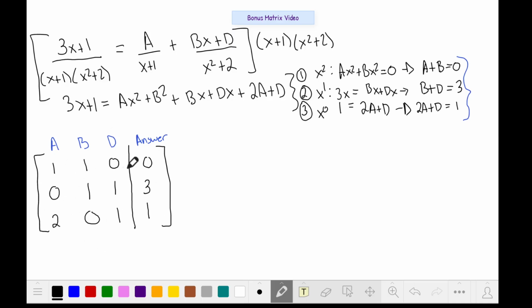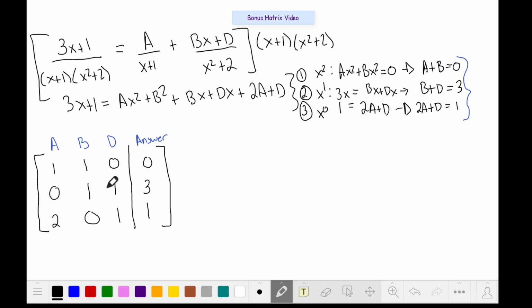It's a system of linear equations expressed with each row being an equation, and then each column being all of the a's, all of the b's, all of the d's, and then finally the answers. Now, in that same long division video, I had shown how we could actually solve a system of linear equations by adding one equation to another. So that's actually what the matrix lets us do in a very easy way.